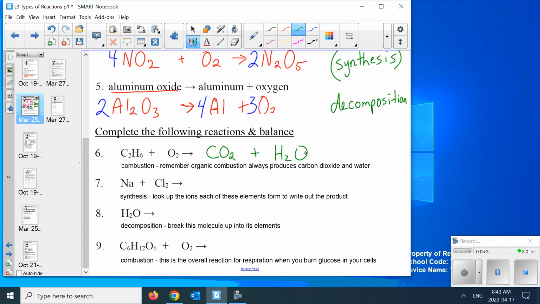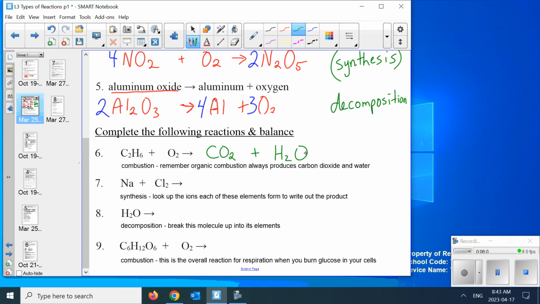Now, I'll just run through each one of these a little bit. Synthesis. Look up each of the ions, these elements, and write out the product. I'm leaving the balancing. Don't try it right now. It'll come up. So we go on to 7 here in synthesis.